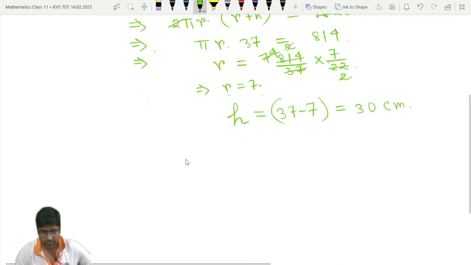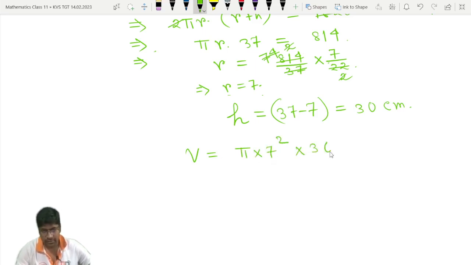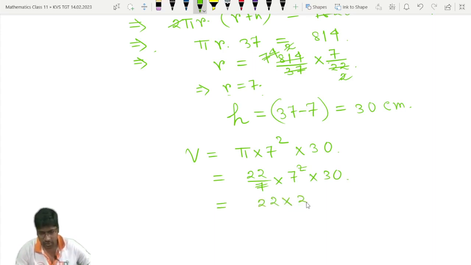So the volume V will be equal to pi r square h, pi into r square into h. Put the value 22 by 7 into 7 square into 30. So 7 will be cancelled, and we will get 22 into 210. That is centimeter cube, that is the unit.